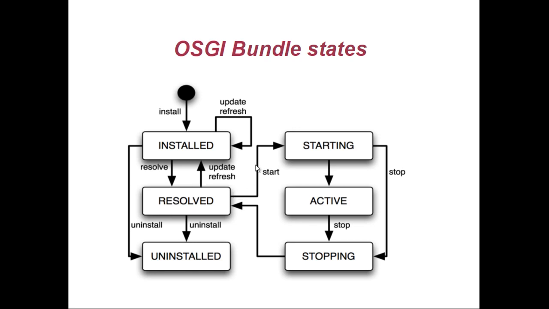Post resolved, it gets converted into starting, where whatever you have written in the starting method or the starting module of that OSGi bundle gets invoked, and post that it is going to become active. Then, if you want, you can stop it. Once stopped, it goes back to the resolved state, and from there, it goes into the uninstalled state. So this is pretty much the life cycle of a bundle.